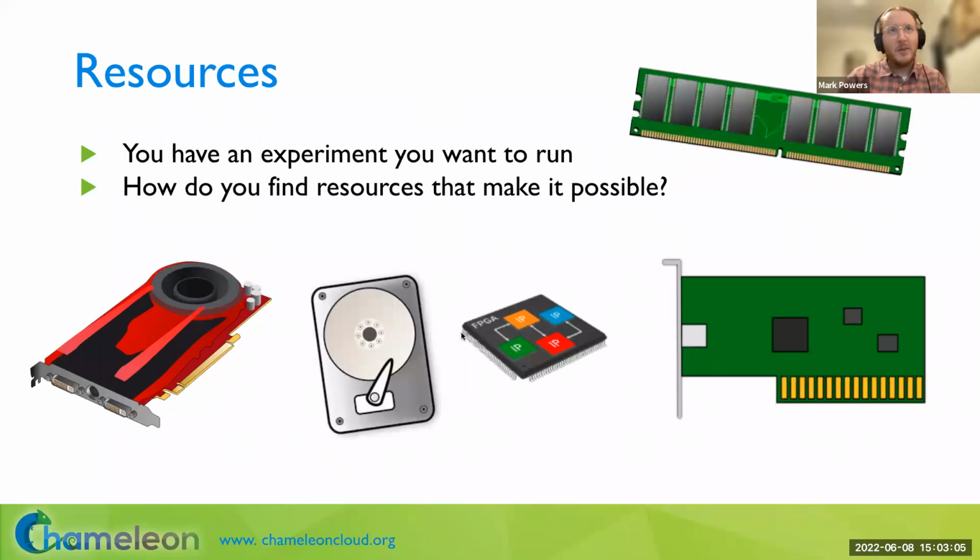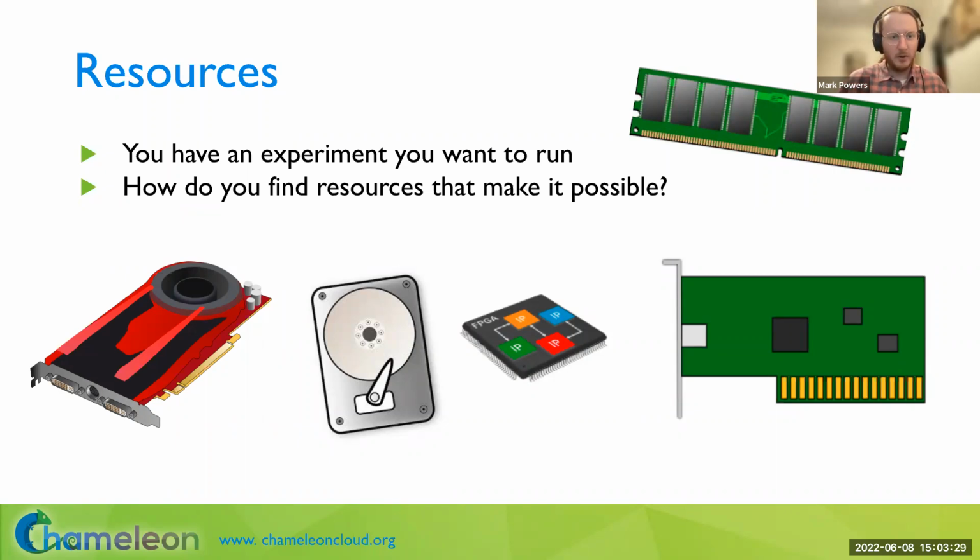All right, so resources. If you have watched the Intro to Chameleon webinar, you probably saw how to get started on Chameleon, but I'll go a little deeper. Let's say you have some idea for an experiment that you want to run. The next question is, how do you find the resources that are required to make that experiment possible?